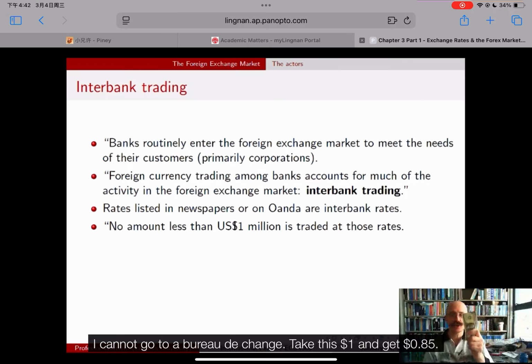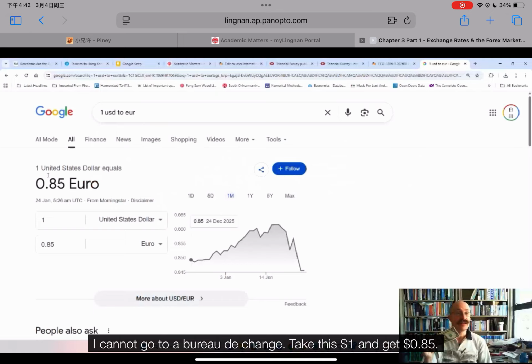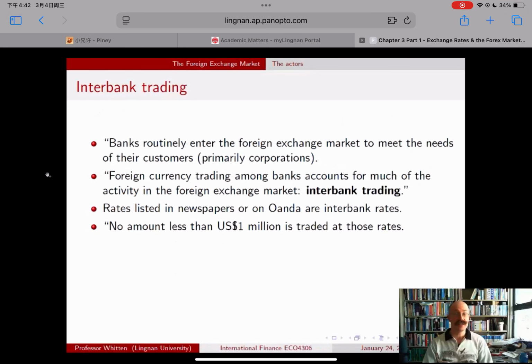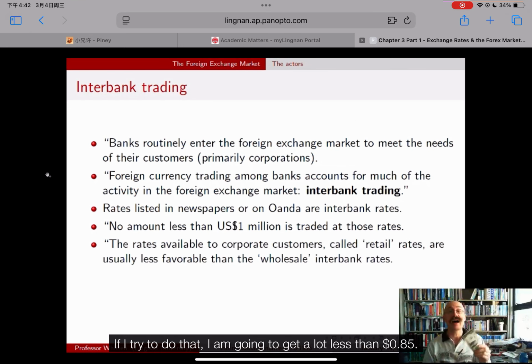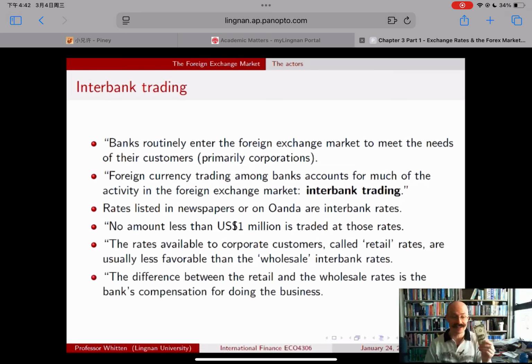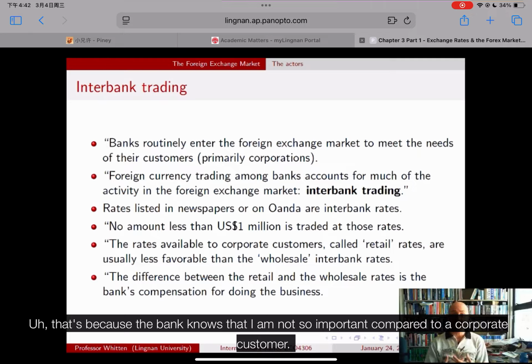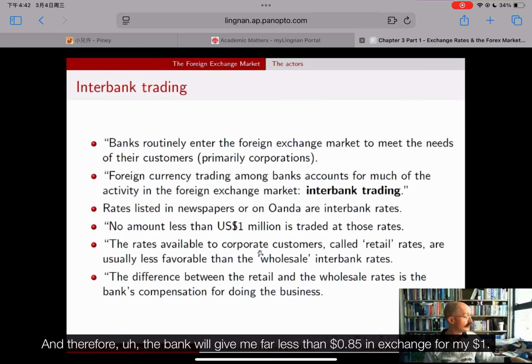I cannot go to a bureau de change, take this $1 and get 85 cents. If I try to do that, I am going to get a lot less than 85 cents. That's because the bank knows that I am not so important compared to a corporate customer, and therefore the bank will give me far less than 85 cents in exchange for my $1.